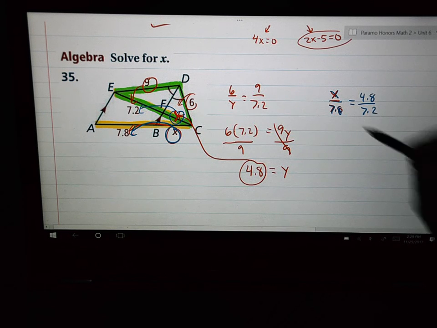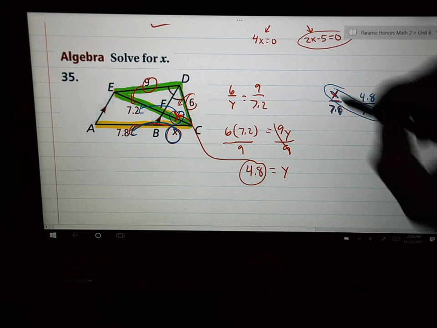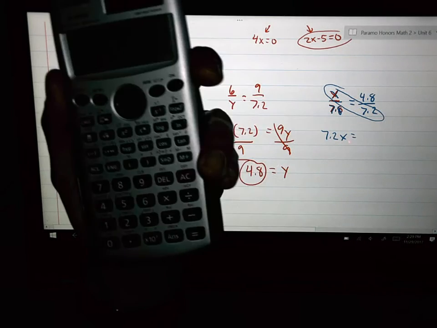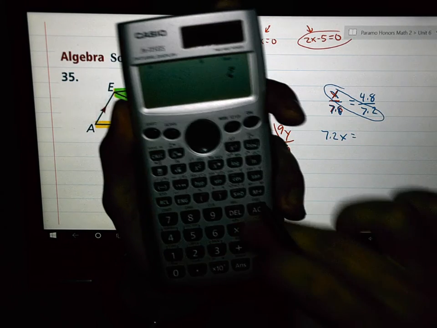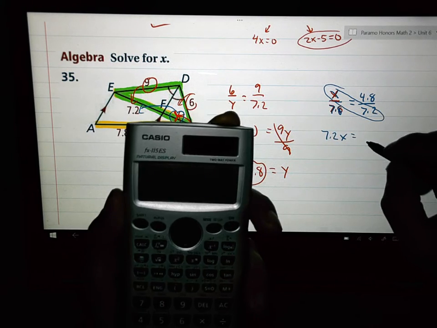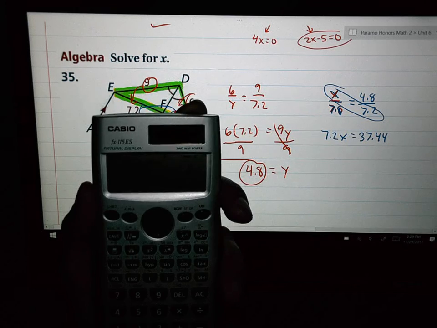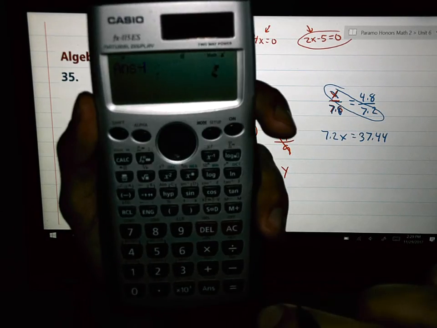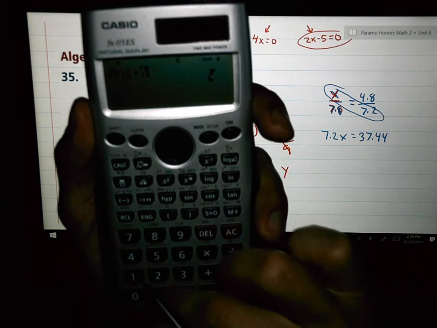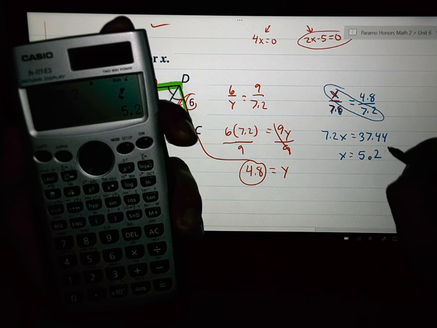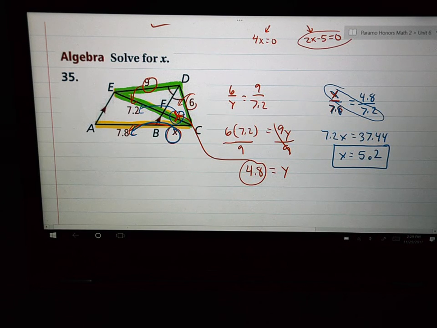There you go. Now I'm not going to do this without a calculator. That's just ridiculous. I wouldn't expect you to either. So 37.4 divided by 7.2. But I'm hoping you see how we're doing it.